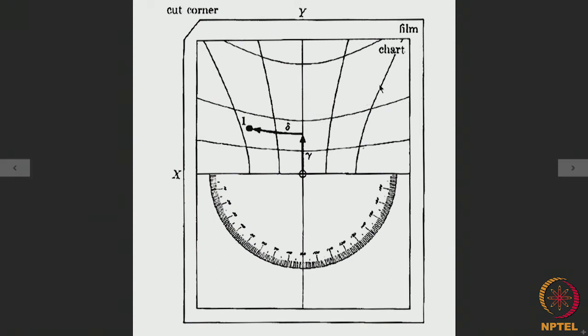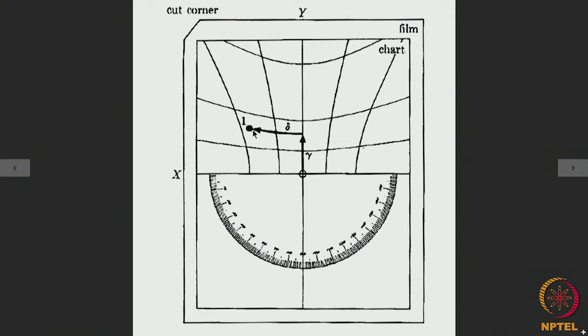So, you see that we have got the film at the bottom and we have got the Greninger chart on top. For a particular series of planes belonging to a zone, all the spots will appear on this particular hyperbola, and say this is one of the spots. For this spot, this is the value of gamma, this is the value of delta.